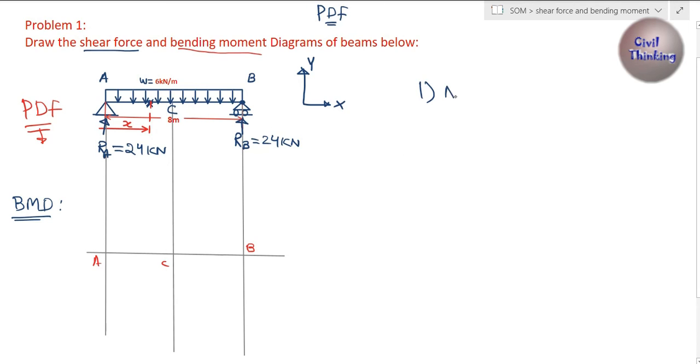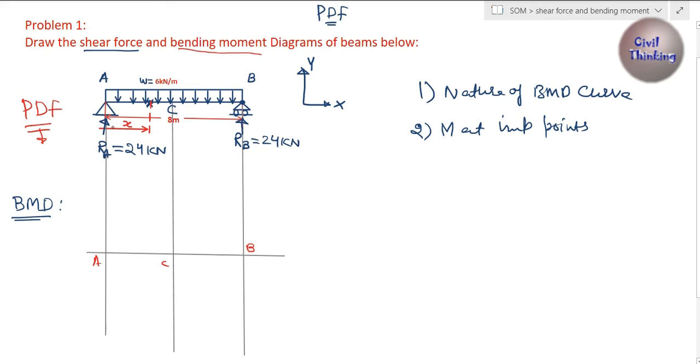Number one is the nature of the bending moment diagram curve, and we are also going to find the bending moment at important points. Now let's first find the nature of the curve. Nature means whether it is a straight line, cubic or parabolic.